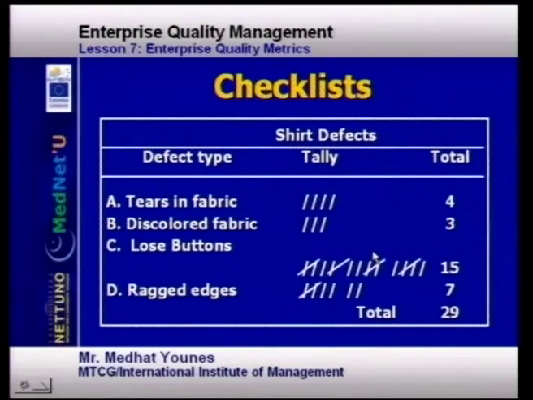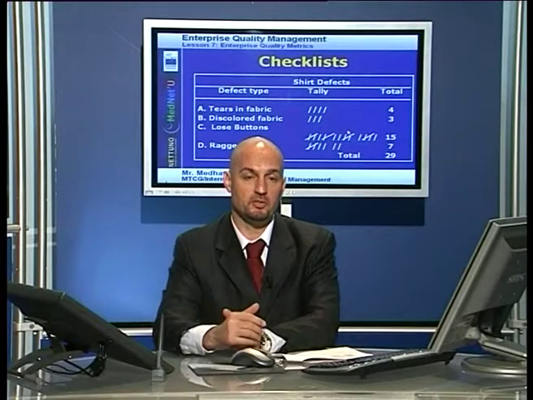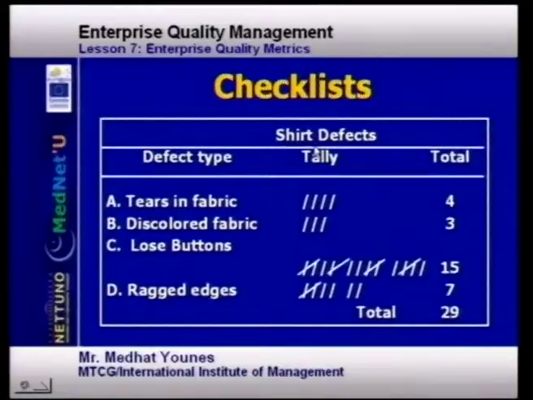One very useful tool in identifying quick wins and identifying most problematic areas within a manufacturing process is the checklist. In this slide, we have an example of a checklist for a textile manufacturing process that produces shirts. We take a look at the types of defects available in shirts per, say, 1,000.